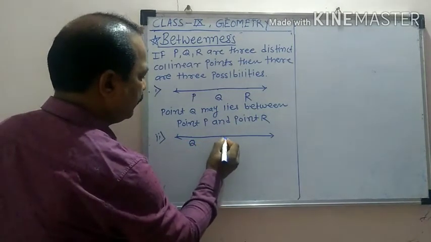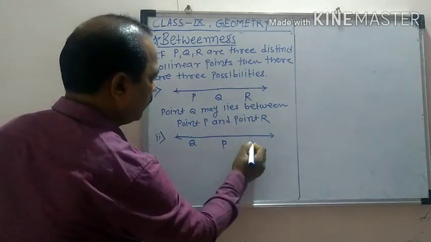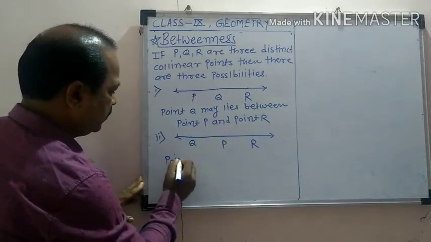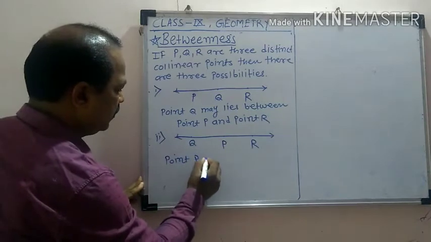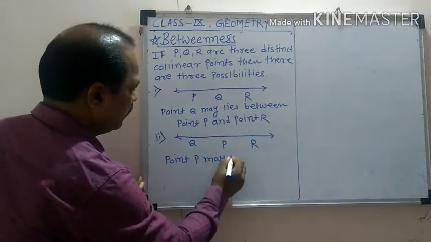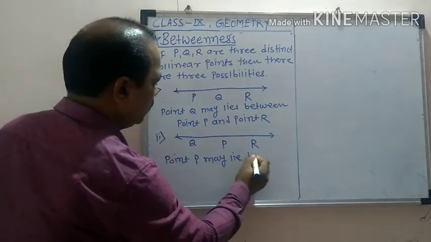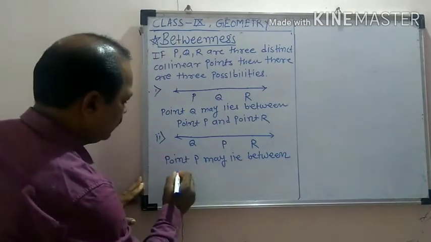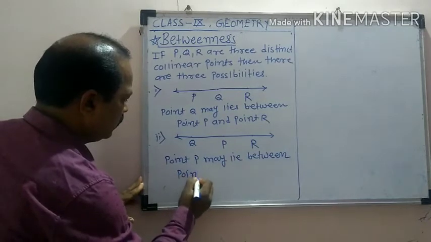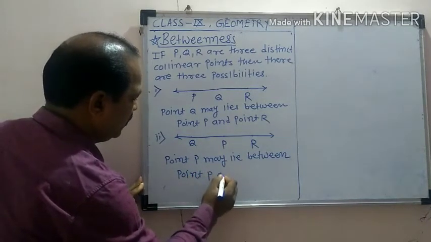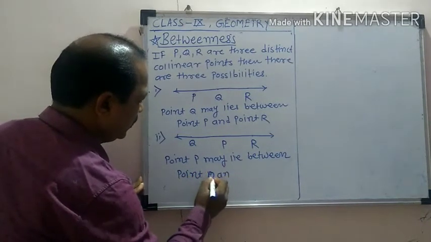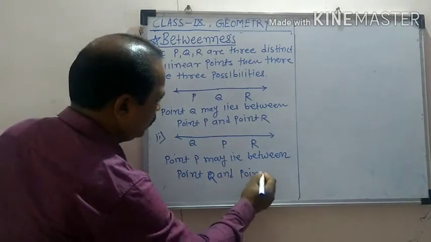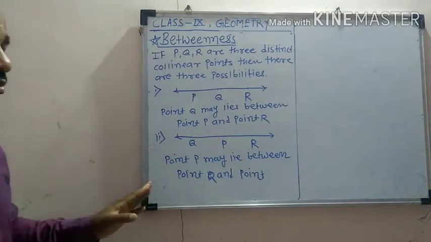Q, P, R. Point P may lie between point Q and point R. This is the second possibility.